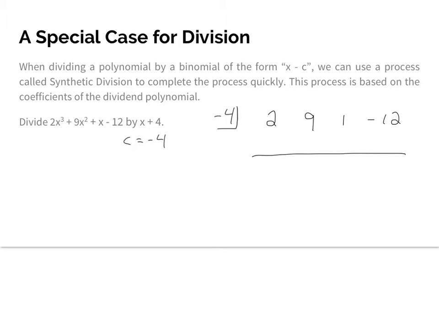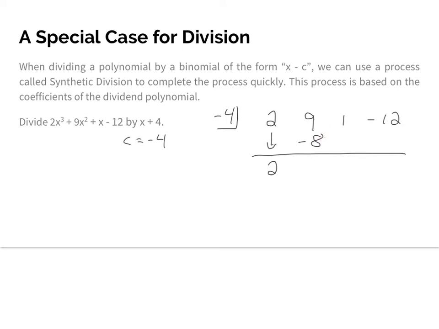So I'm going to take this 2 and bring it down. Whatever my original first coefficient is, in this case 2, I just bring it down. Now I take the negative 4 and multiply it by 2 and put that answer up here. So that's negative 4 times 2, which is negative 8.